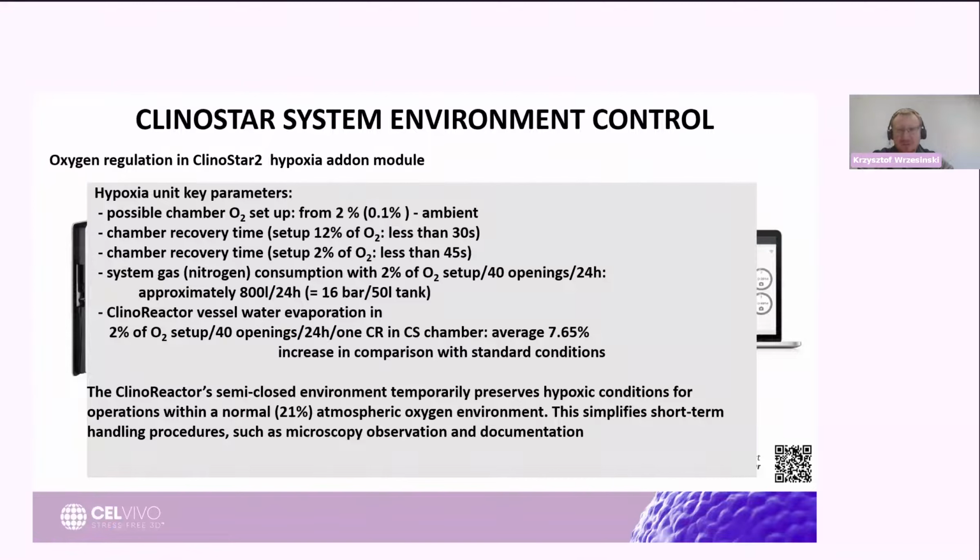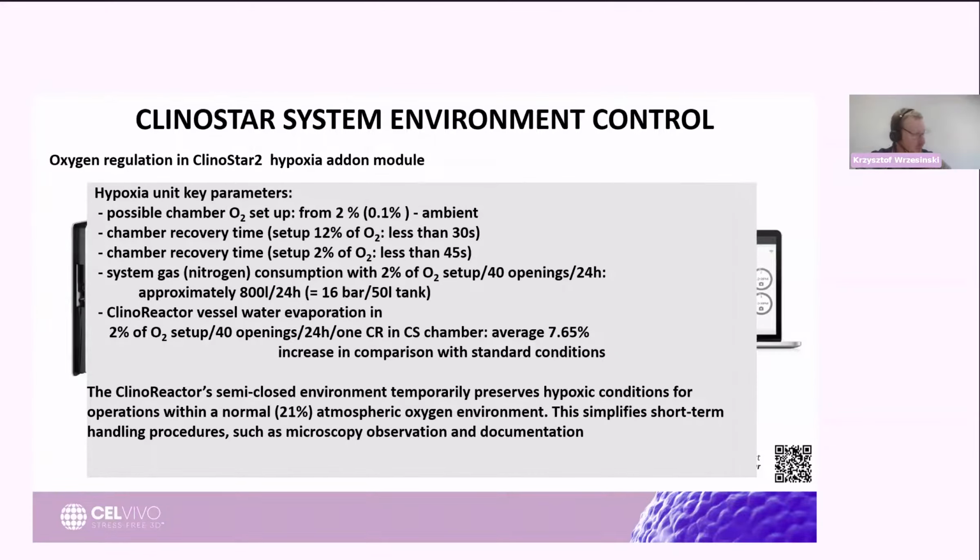And then you also have to take into consideration that what we are talking about right now is the level of the atmospheric oxygen inside the ClinoStar chamber. Your levels in the liquid in the Clino reactors will actually be smaller.